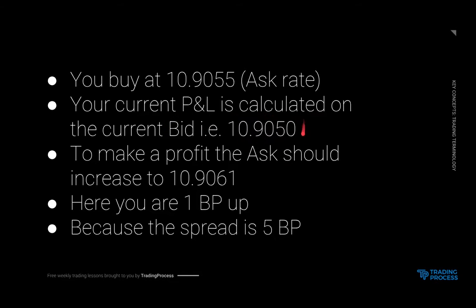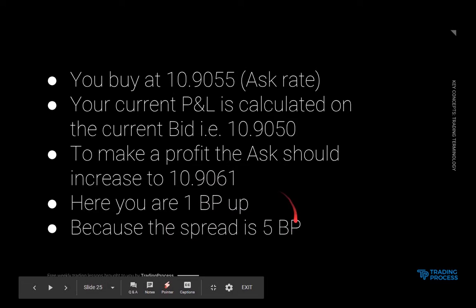This is the spread that we're paying. This is the price that we're paying to the market maker. So in order to make a profit, the ask should increase to 10.9061 in order for us to make 1 basis point profit, because the spread is 5 basis points.